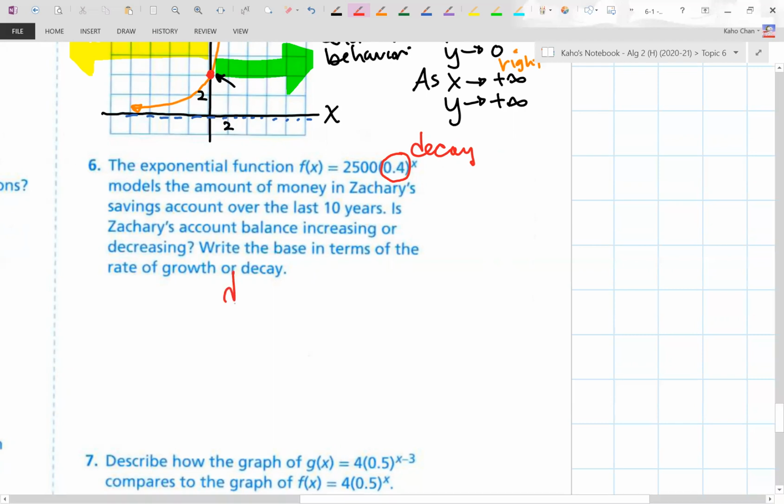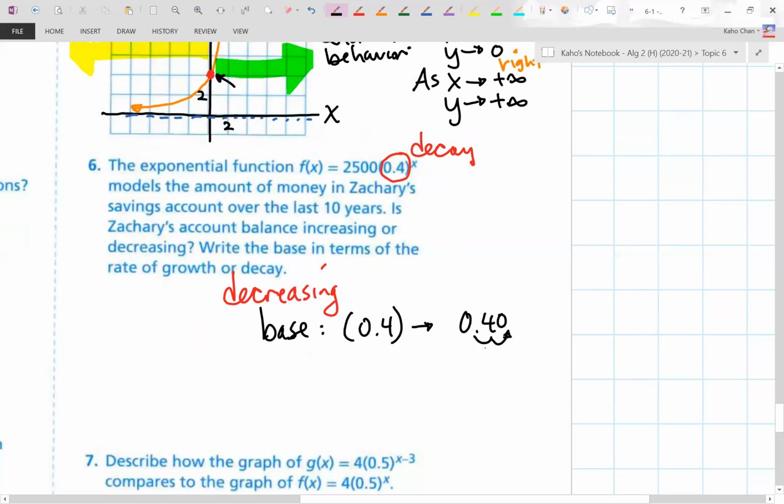So this is decreasing, definitely. It's losing 60%, right? 40% is 60% loss there. So the base is literally, when you convert 0.4, it becomes 0.4 to the x.